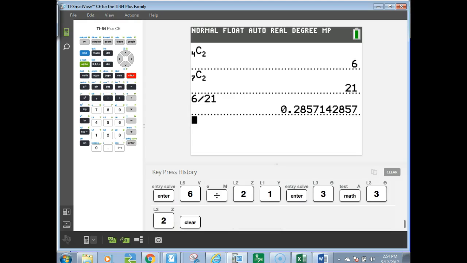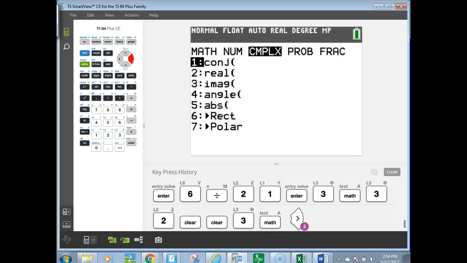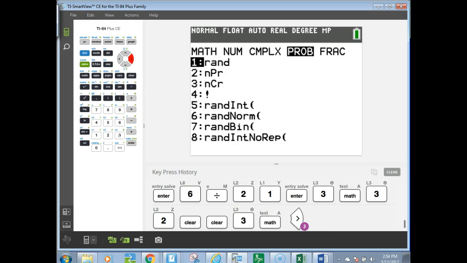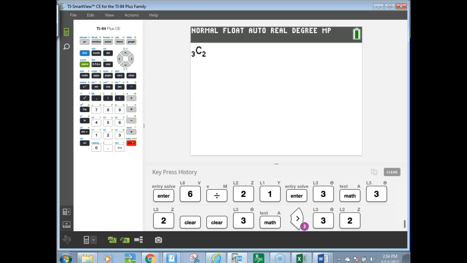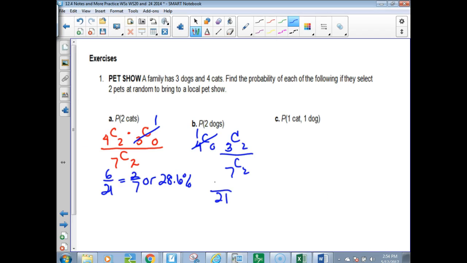Oh, I hit the wrong button. Okay then. What'd you guys get? You probably already got it, and I'm Miss Slowpoke. Okay, 3. So 3 over 21, or 1/7, and then again it's a decimal, 1 divided by 7. What's that percentage? Yeah, 14.3.